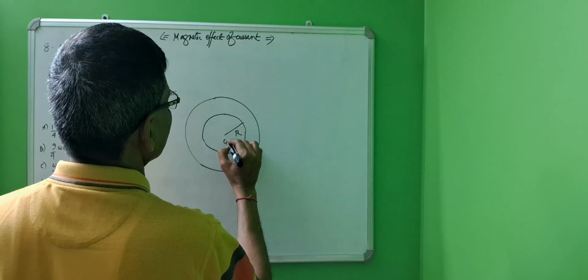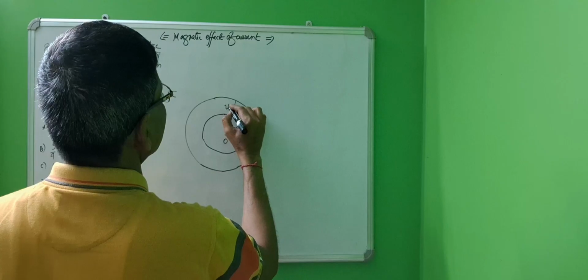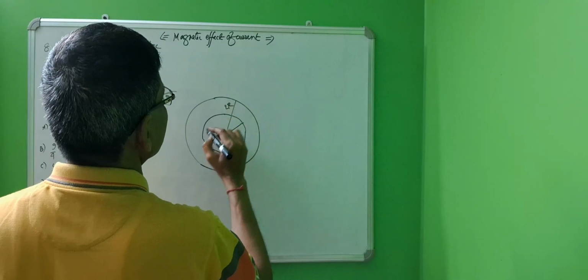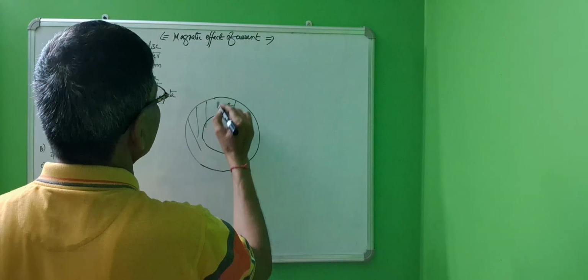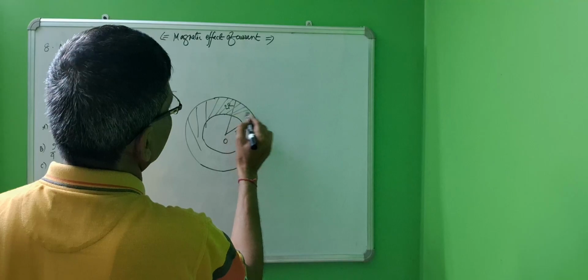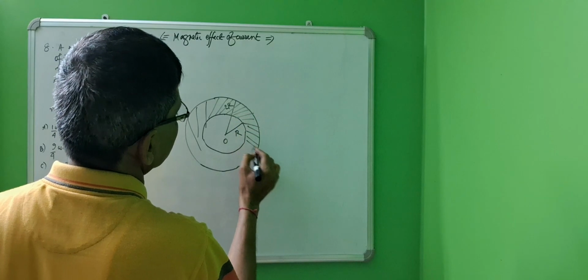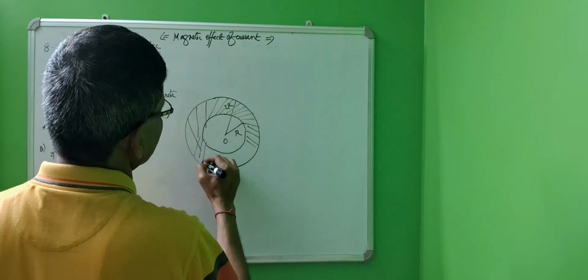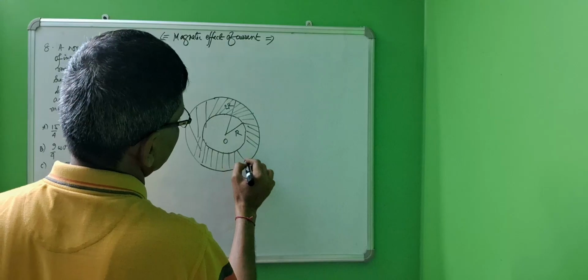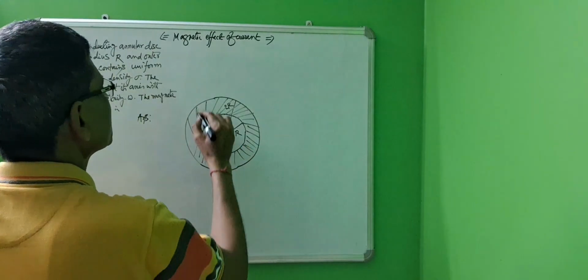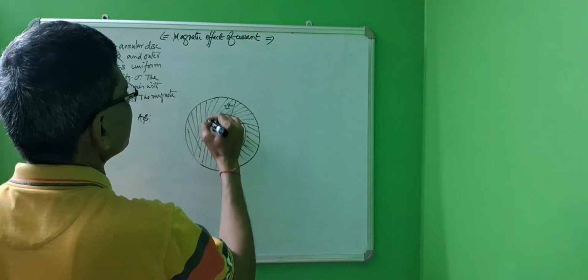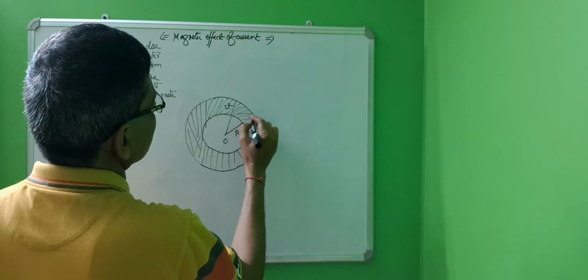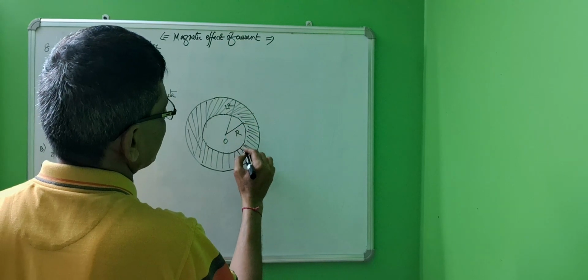Suppose this is R and this is twice R. This is the total annular ring, which is sketched now.